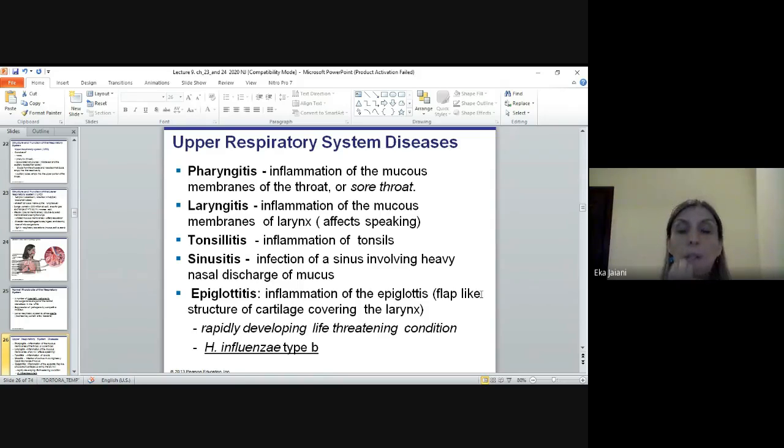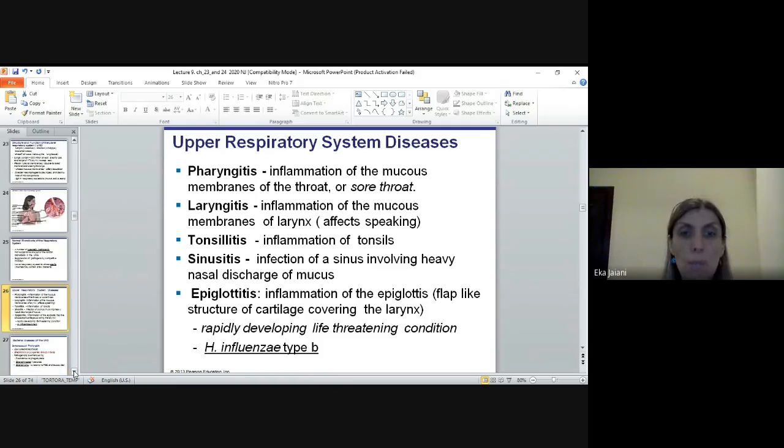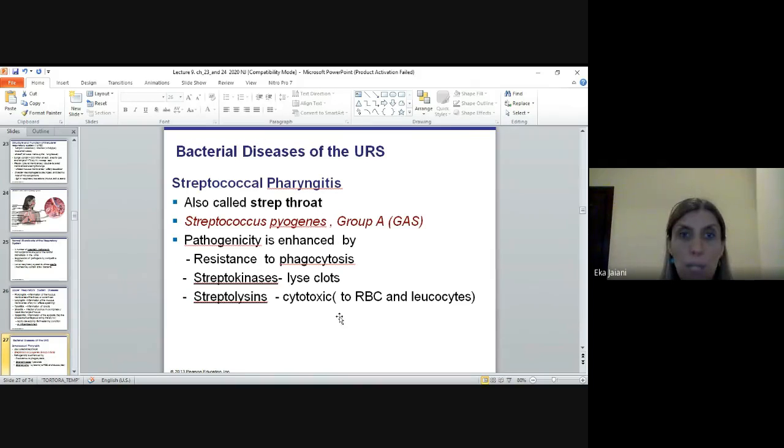This is the structure that covers the larynx when we swallow, and epiglottitis can be deadly because it can interfere with breathing. If there's inflammation, the epiglottis is swollen, reddened, and it can be caused by Haemophilus influenzae. And streptococcal sore throat is very common.